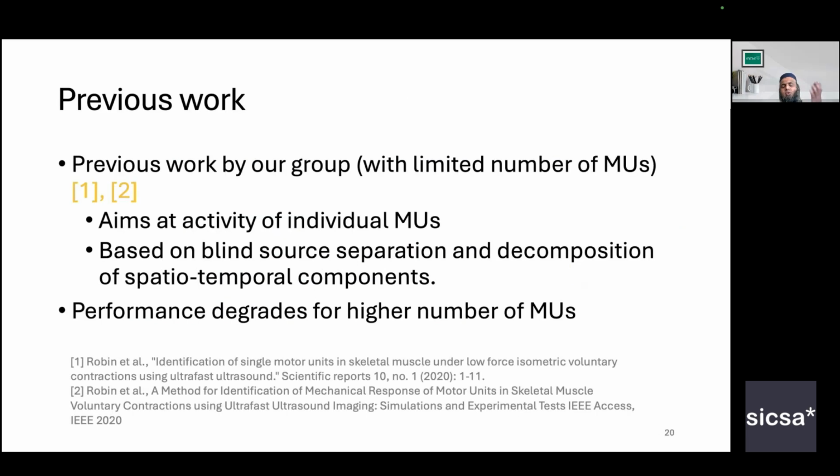There was some previous work in the group that used signal processing techniques such as blind source separation, but these techniques again were able only to track a single motor unit and they couldn't move beyond a single motor unit. So when you increase the number of active motor units, these techniques actually struggled.